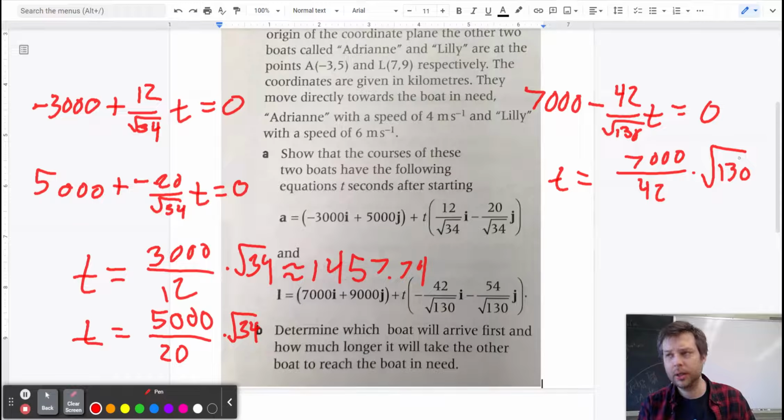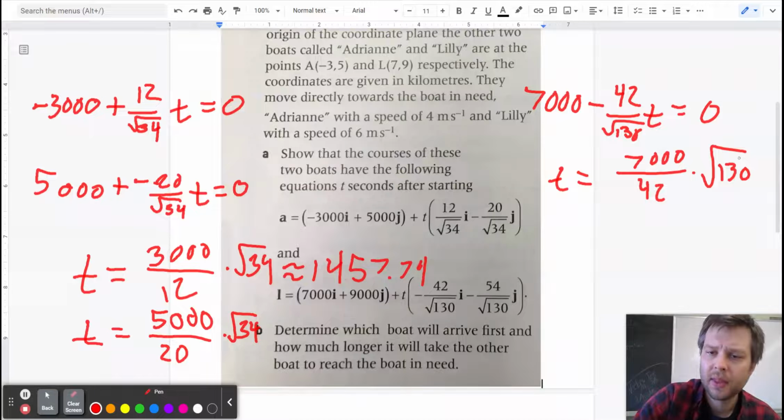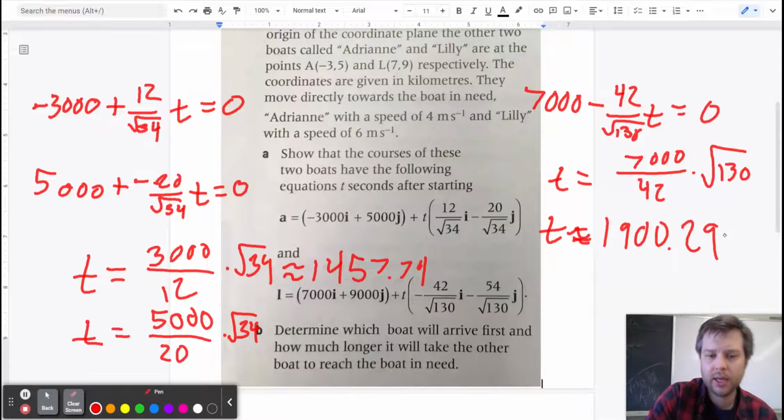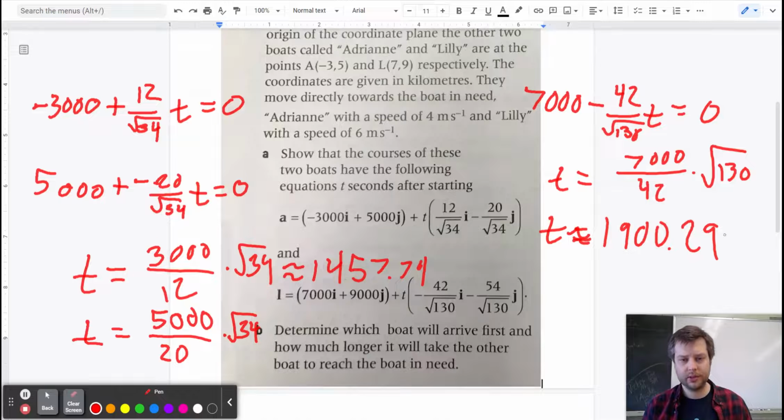This comes out to approximately 1,900.29. So it looks like Adrian is going to get there first. If we subtract those two numbers, we figure out how much longer it takes for the other boat to get there: about 443 or something like that. So that's the idea, modeling the movement of the two boats using vectors. Thanks.